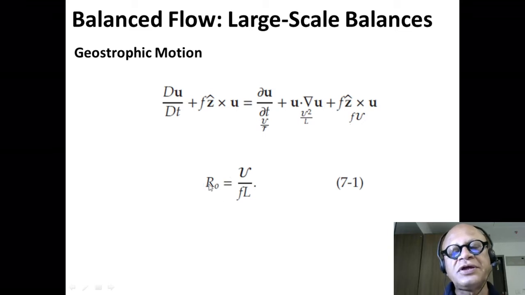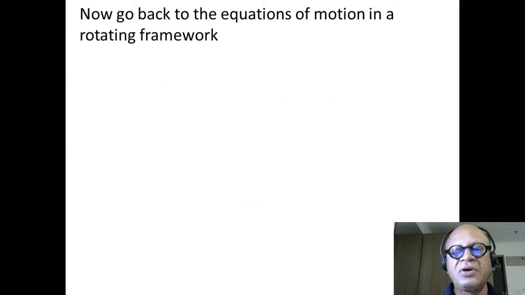So a Rossby number emerges out of this, where it is basically the acceleration of the flow divided by the inertial acceleration f. Remember, f is radians per second, and V over L is basically meters per second divided by meters, so it's 1 over second. So you have a non-dimensional number called the Rossby number.